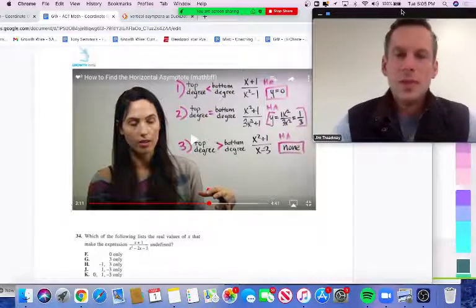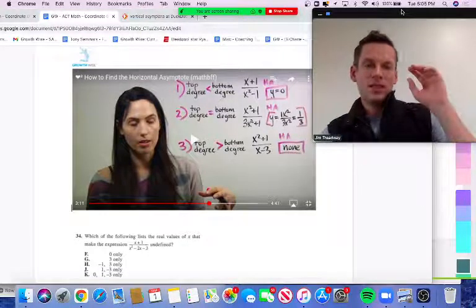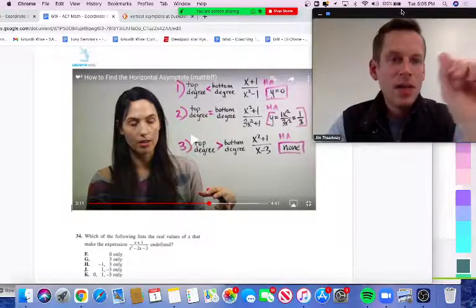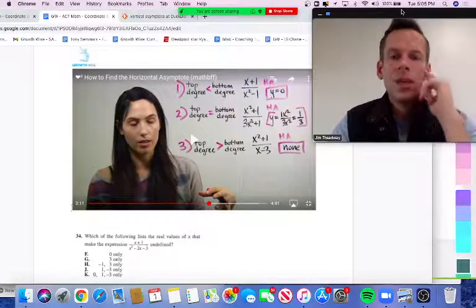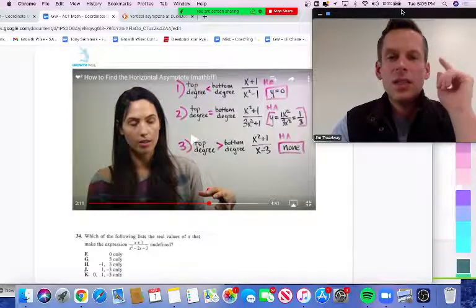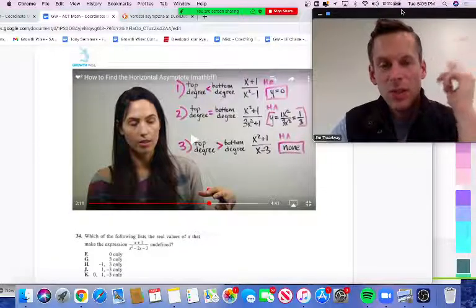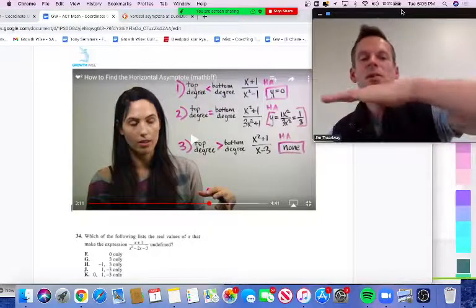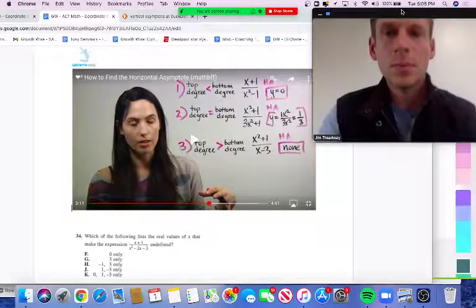So for horizontal asymptotes, what you do is check what is the biggest exponent in the numerator and the denominator. And I would copy this into your memorization list or your notes. Number one, if the biggest degree of the numerator is smaller than the biggest degree of the denominator, you will have a horizontal asymptote at y equals 0. You just got to memorize this.